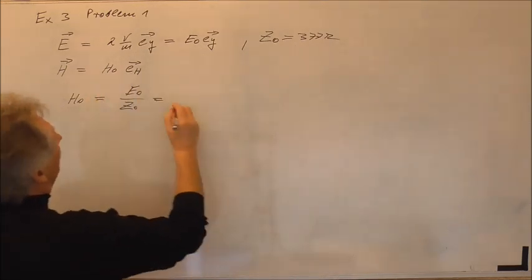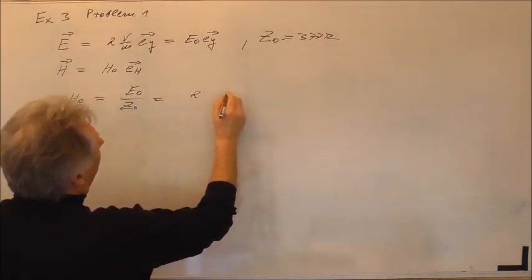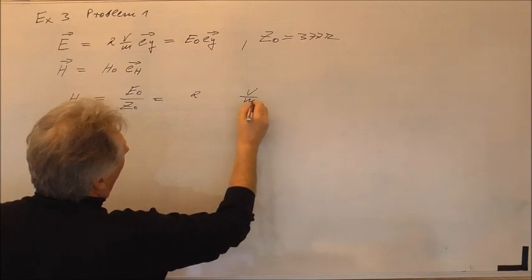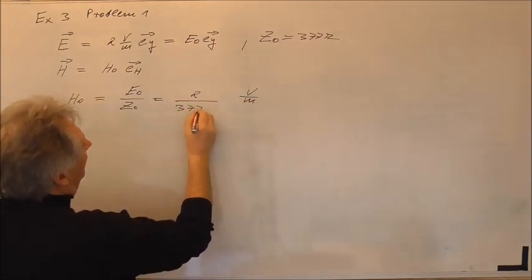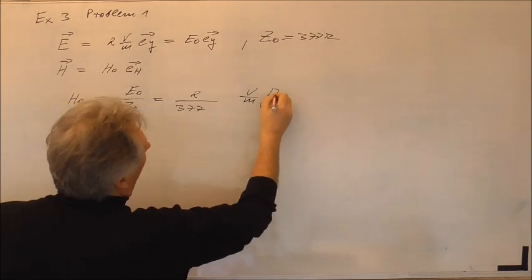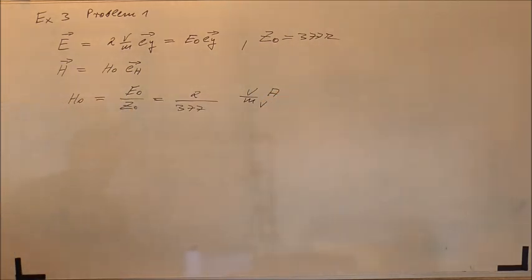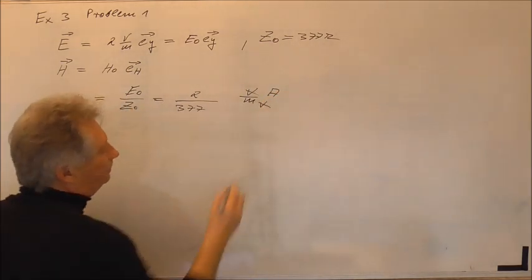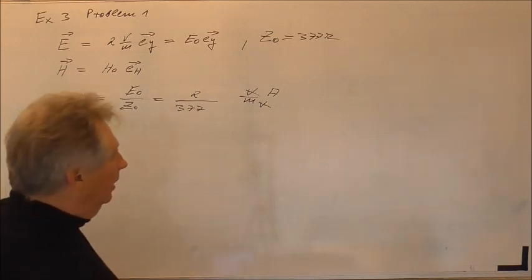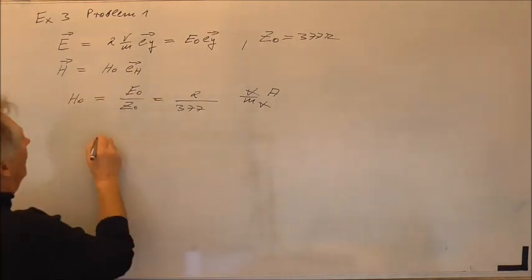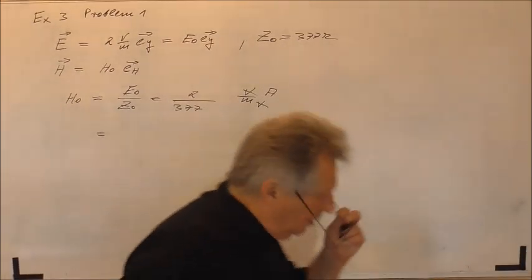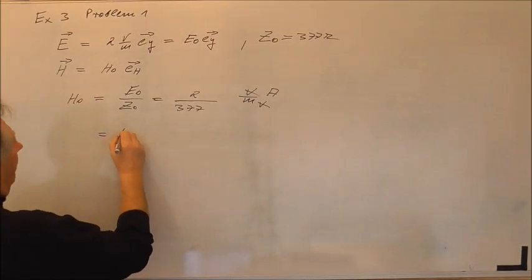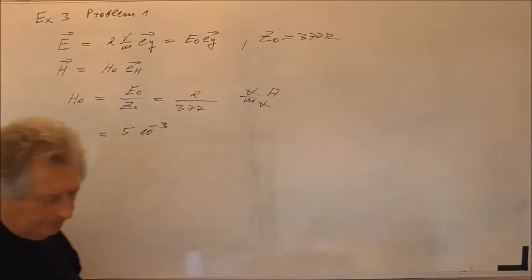So we have here 2 volt per meter divided by 377 volt over ampere. And you see here the volt will cancel. And if you calculate the value, then you will get a value of 5 times 10 to the power of -3.